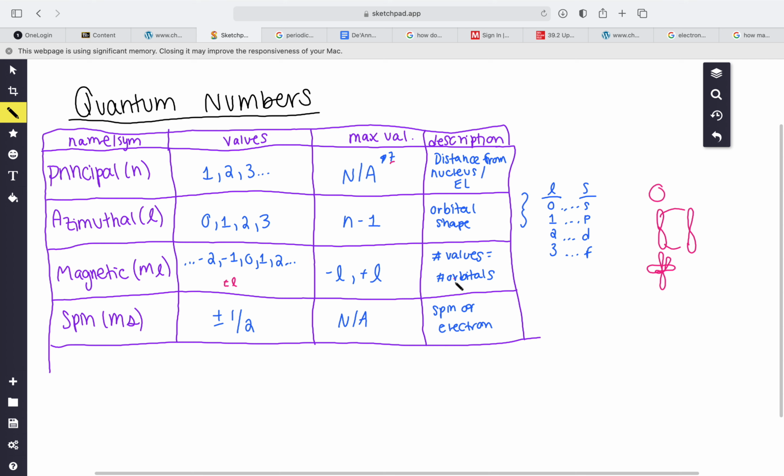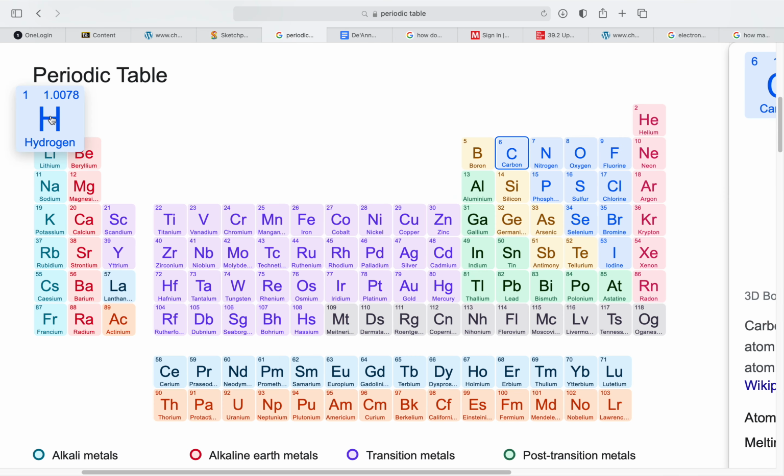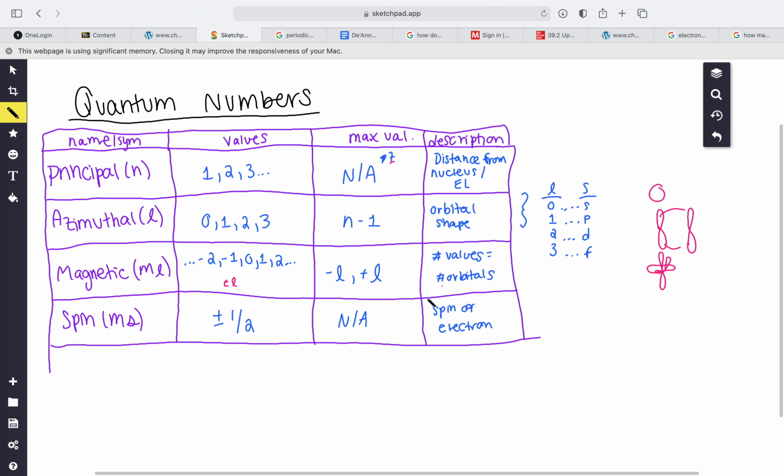And what this tells us is the number of orbitals. So again, let's look at oxygen. For oxygen, N was 2, and then L would be 1, so we get -1, 0, 1. So the number of orbitals should be 1, 2, 3. Now let's look: number of orbitals, we have 1, 2, and 3 orbitals for oxygen. So that's good there.